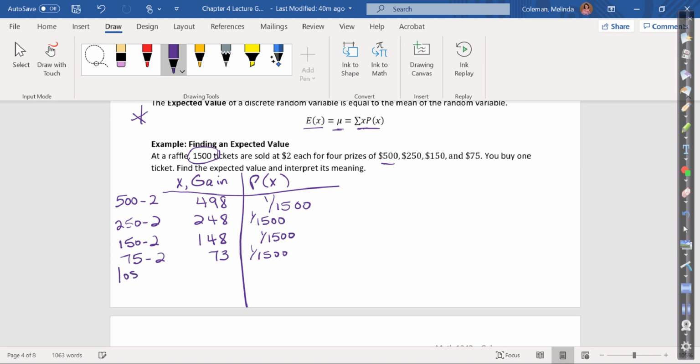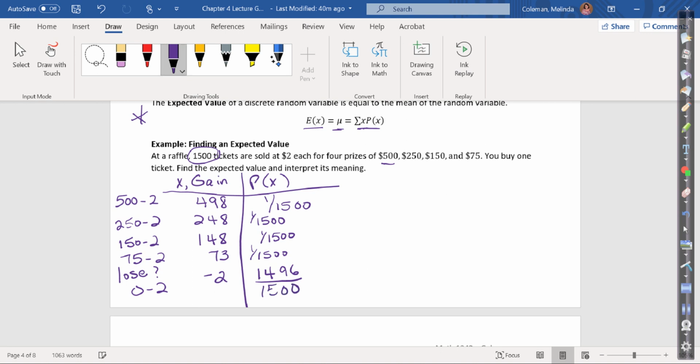What happens when you lose? Well, when you lose, you win 0 money, but it costs you $2 to play, so you actually have a negative $2 gain. You've lost $2. And how many losing tickets are there? Well, we started with 1,500. 4 tickets win, so that means there's 1,496 losing tickets.